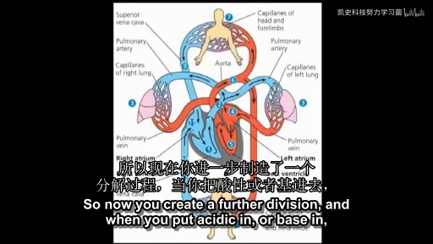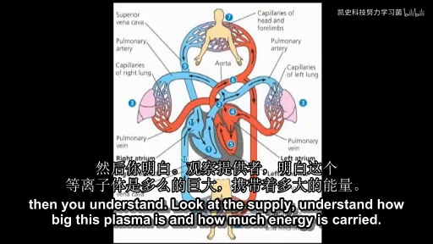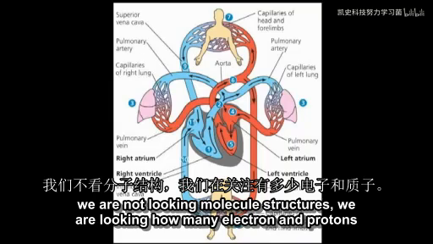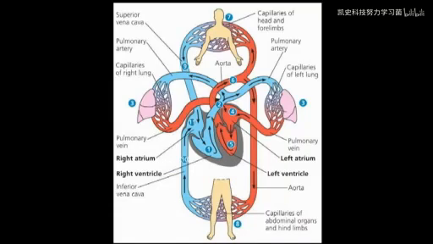So now you create a further division, and when you put acidic in or base in, and you call it whatever name, then you understand if you got a supply. Look at the supply. Understand how big this plasma is and how much energy is carried. We are not looking into the molecular structure anymore, or how many electrons and protons. In plasma technology, we look at what energy this carries and represents.